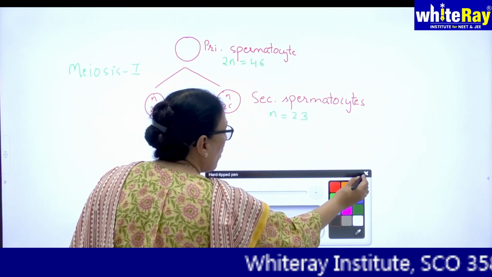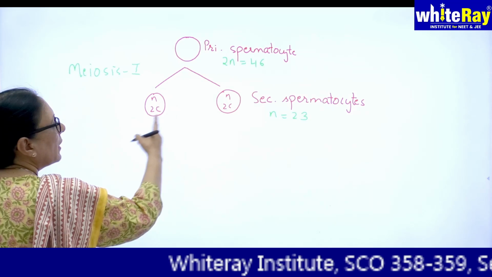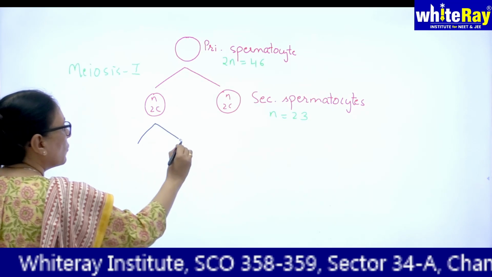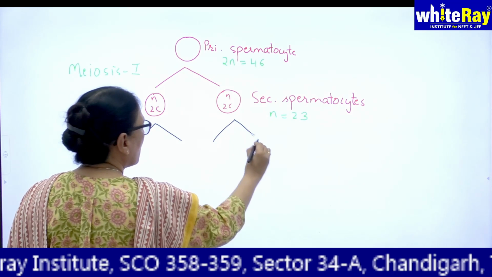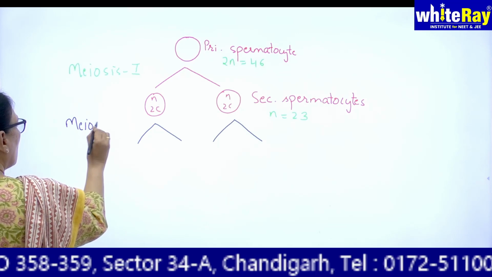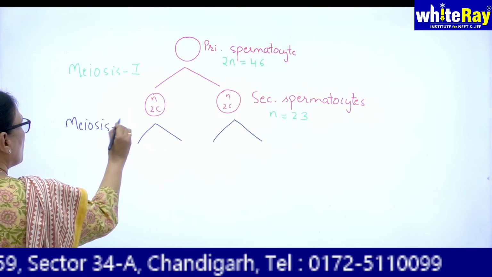And now the secondary spermatocyte formed from the primary spermatocyte will undergo meiosis 2.